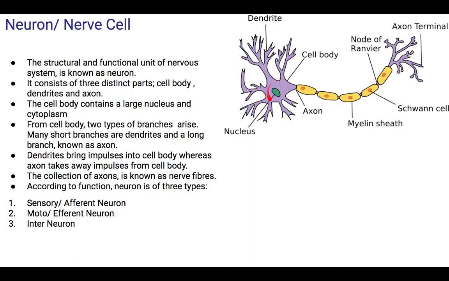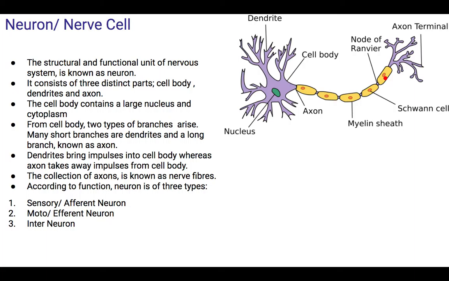Whatever impulses are stored here are taken away by the axon, which is connected to the dendrite of another nerve cell. In that way, impulses are passed from one nerve cell to another. When there are a lot of axons, this collection of axons is called a nerve fiber.